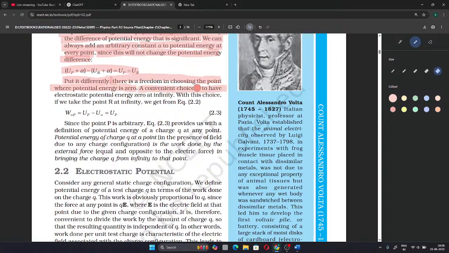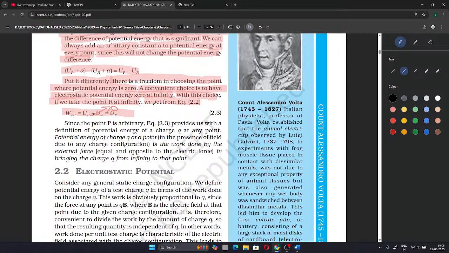A convenient choice is to have electrostatic potential 0 at infinity. With this choice, if we take the point R at infinity, we get the equation: work done in moving from infinity to P equals U_P minus U_infinity, which is equal to U_P, because the potential at infinity goes 0.